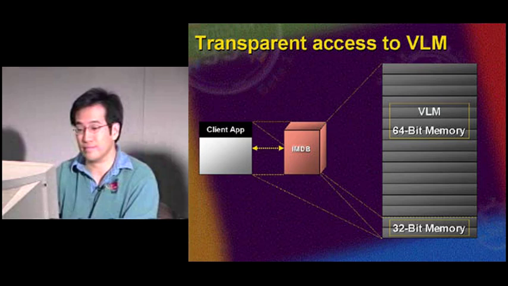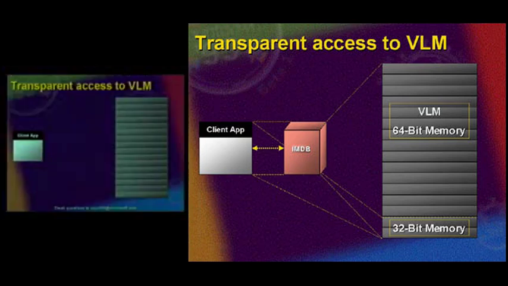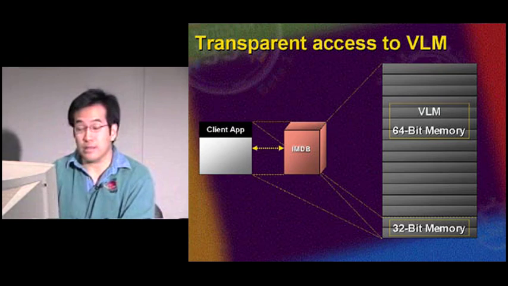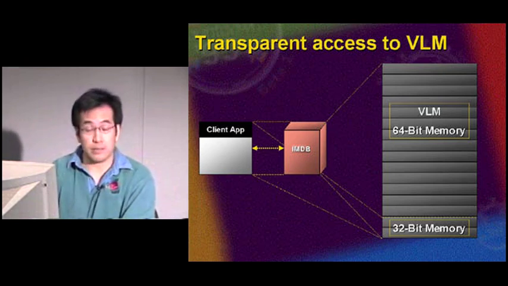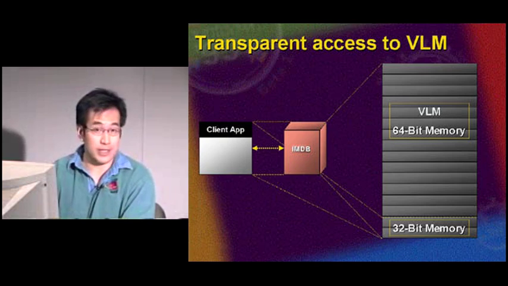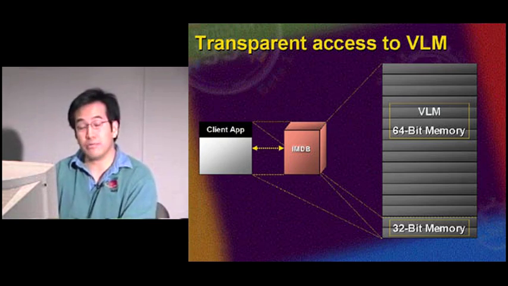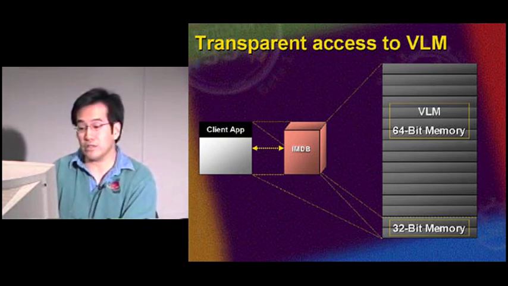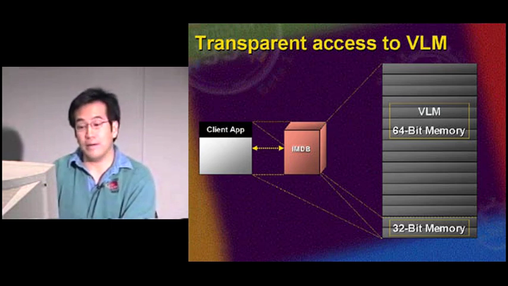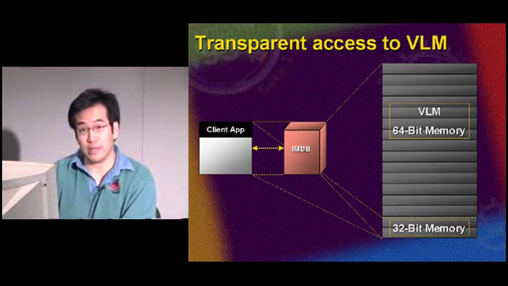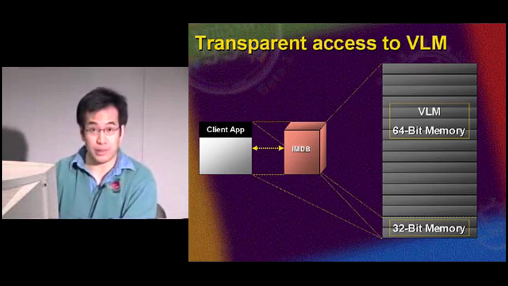To illustrate this, we note that a 32-bit application normally has access to 32-bit memory space, which at the moment has a maximum size of 3 gigabytes on NT platforms. By the same 32-bit application taking advantage of IMDb, the client application now has the ability to cache information, if it's using IMDb, in a much larger 64-bit memory space.